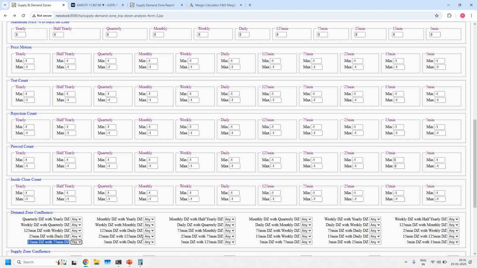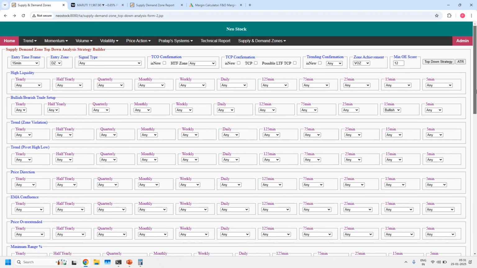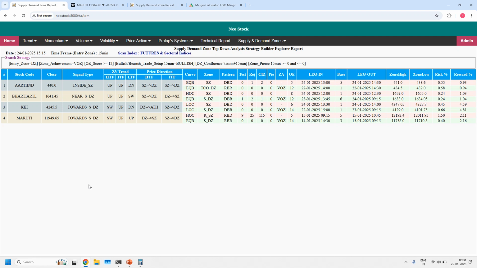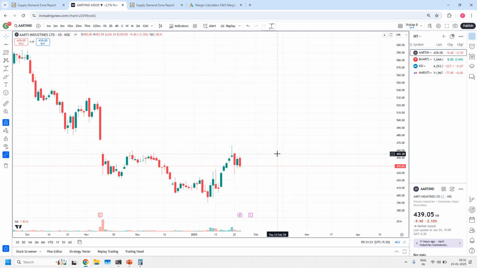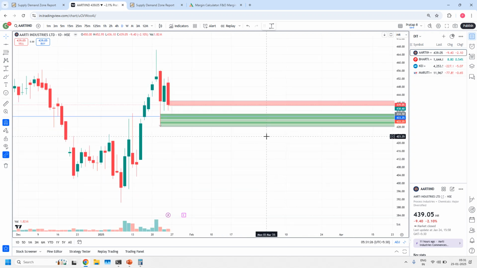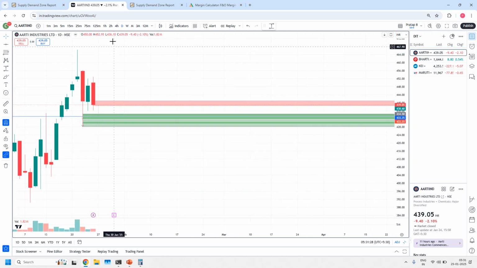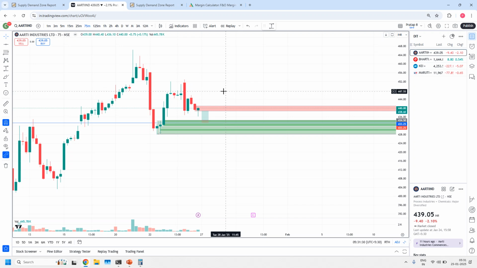How many of these stocks are supported? All 4 stocks are having the ITF zone confluence. Is it so? First we analyzed RT. Yes, RT is having a 75-minute zone confluence.